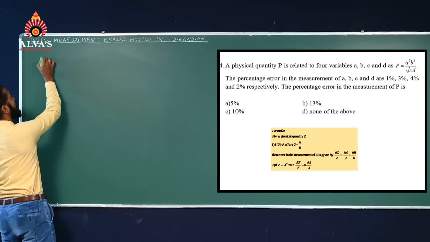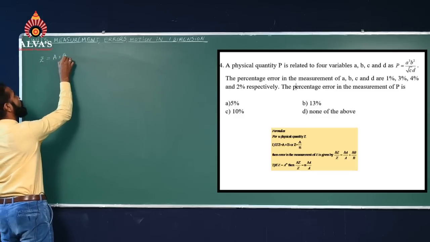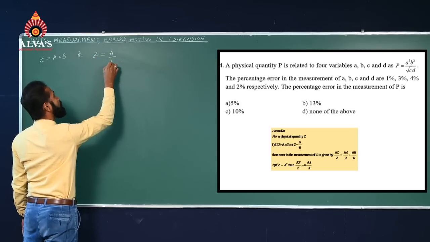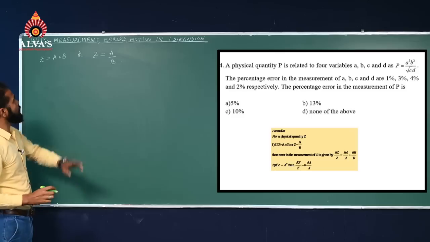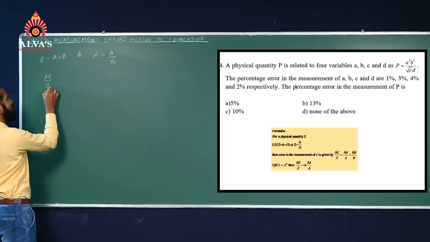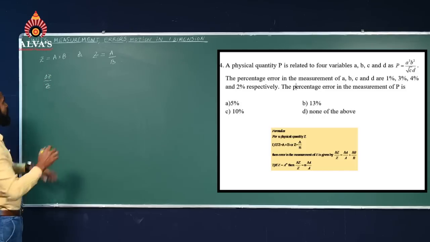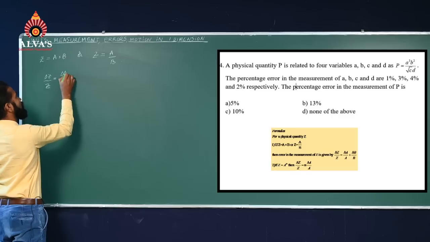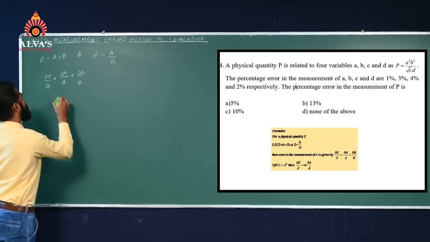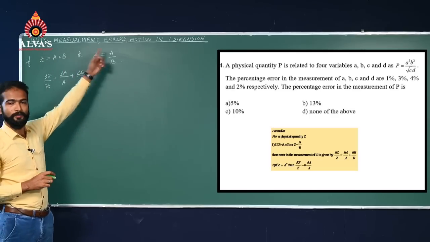Suppose there is a physical quantity Z which is written as A into B, or Z is equal to A by B. It's called the product rule, and this is called the quotient rule. Whenever we do the error calculations in Z, delta Z by Z together is called the percentage error in the measurement of Z. This will be given as delta A by A plus delta B divided by B. It works for both cases, product as well as quotient rule.